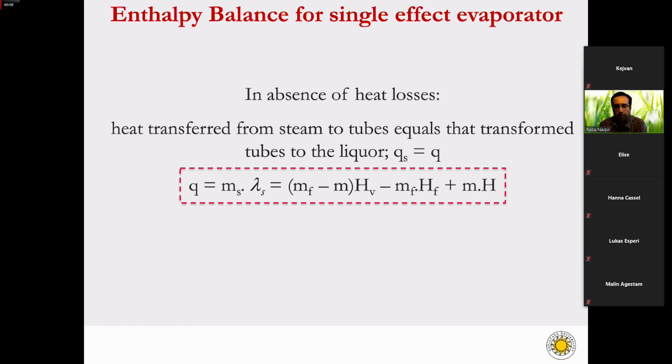Yes, because whenever we call lambda for the steam, steam is nothing but vapors. Is this your question? Yes, just the same, because the steam turns back into a liquid. Yeah.